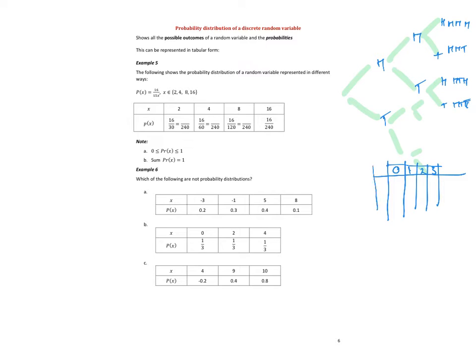Then getting all heads is the same as 3, and the probability of that is 1/8. The probability of getting 0 heads is tail, tail, tail, and the probability of that is 1/8. We could work out these two here, and they would both be 3/8. So x is equal to the number of heads.